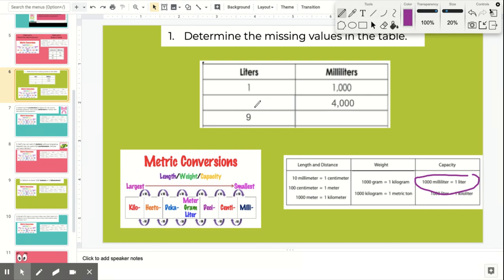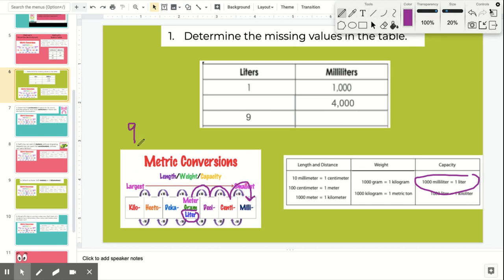So for example, if I want to look at 9 liters and I'm trying to figure out what that is in milliliters, I could use the chart by starting in the middle. Okay, so I have 9 liters. I need to change that to milliliters. So I have to multiply by 10 one time, multiply by 10 again, multiply by 10 again.